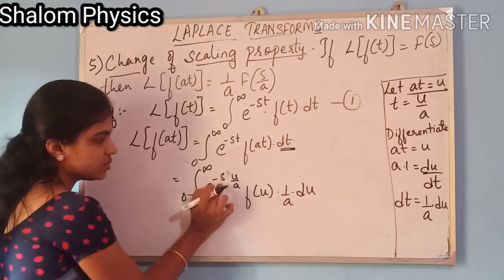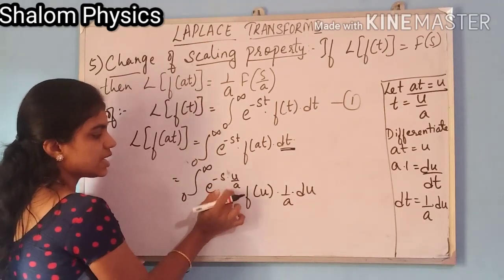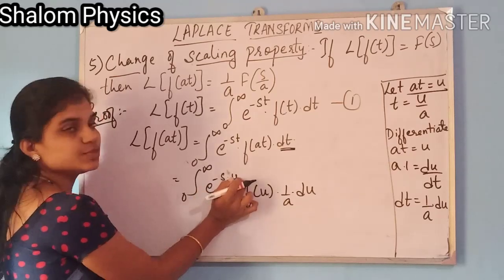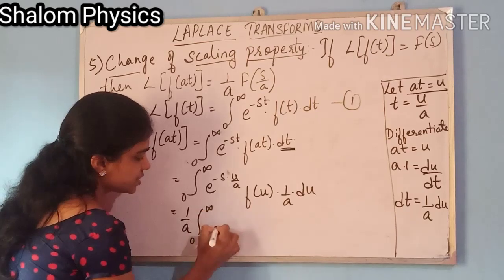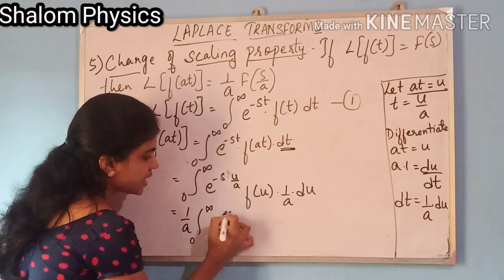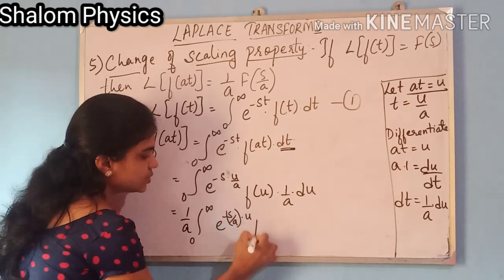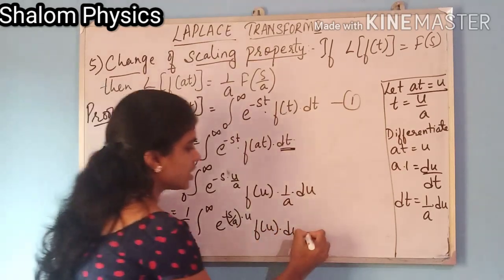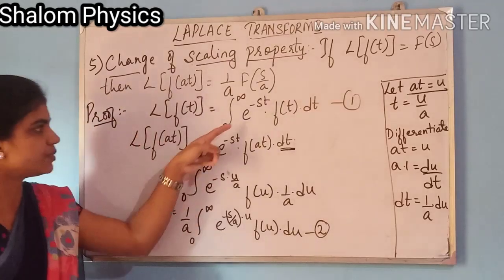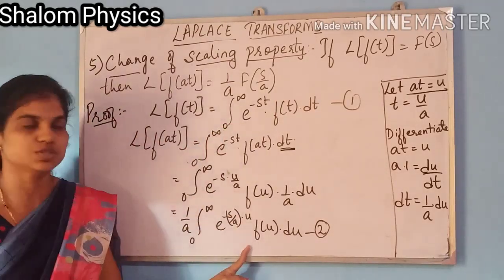Plus, what I can do is write this in the form of s by a into u. So that is 1 by a, integral from 0 to infinity, e raised to minus s by a into u, f(u) du.